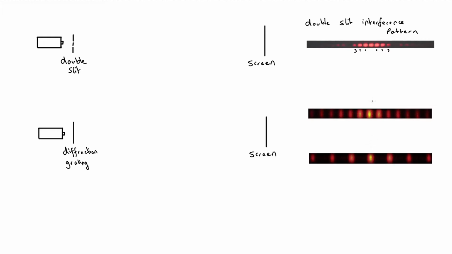What we've still got here is a central bright fringe where the path difference is 0 wavelengths. Then on either side here we've got a fringe where the path difference is going to be 1 wavelength. In other words, light travelling to this fringe from neighbouring slits has had to travel 1 wavelength further from one slit than its neighbour, and we'll talk about that more in a minute.